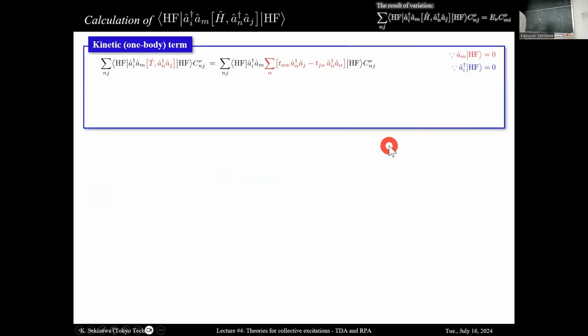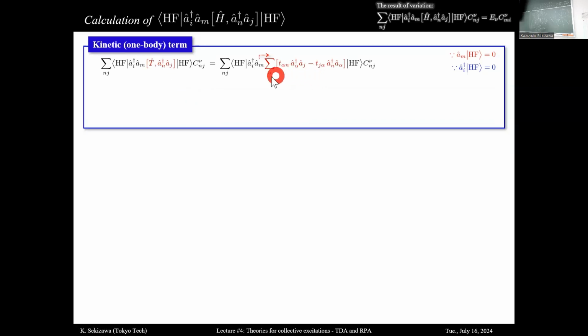Now we calculate this term, which was on the left-hand side of this variation condition. We put in the results of the calculation that I presented in the previous slide. This kinetic term will be something like this.